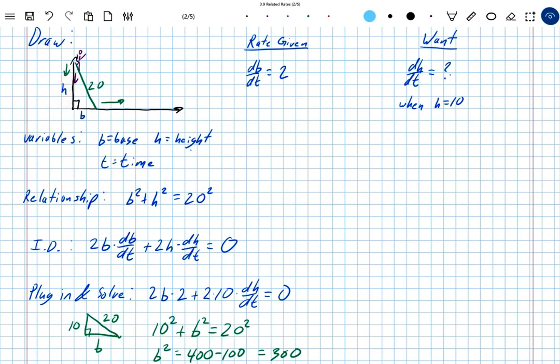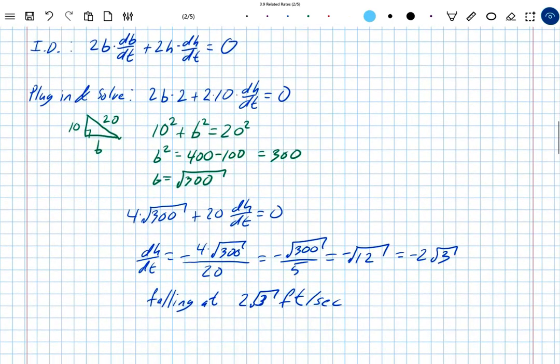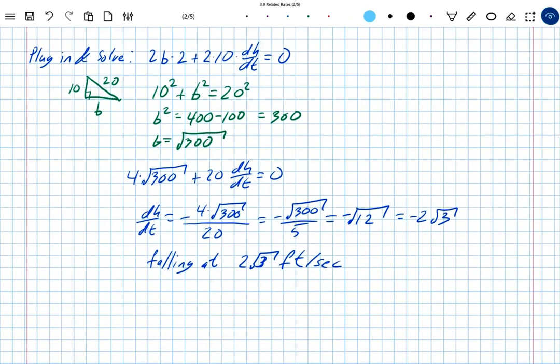We expect a negative because it's getting smaller. But when I say how fast am I falling, we kind of assume we mean in the downward direction. So if H's rate of increase is negative 10 feet per second, then I'd be falling at positive 10 feet per second. So, in English, that's what's going on. Very cool. It's oddly empowering.